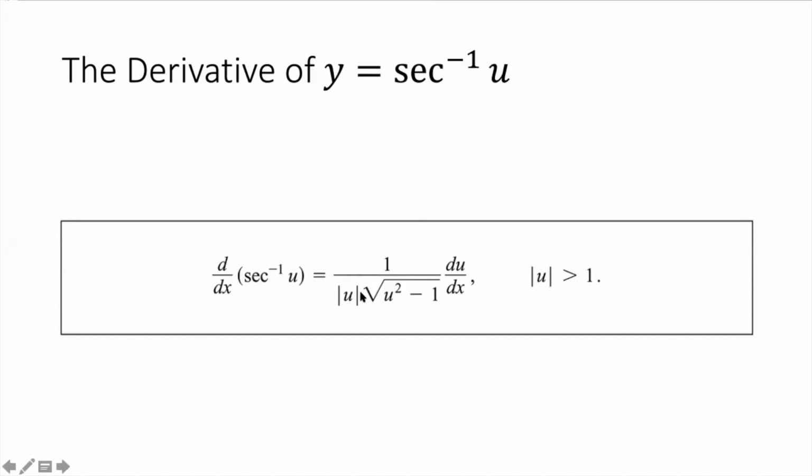It has a square root of u in it. A really nice challenge would be to try to derive this formula the way that I just showed you, with y equals inverse sine of x. See if you can figure out why that u has to be an absolute value. That's a fun challenge.